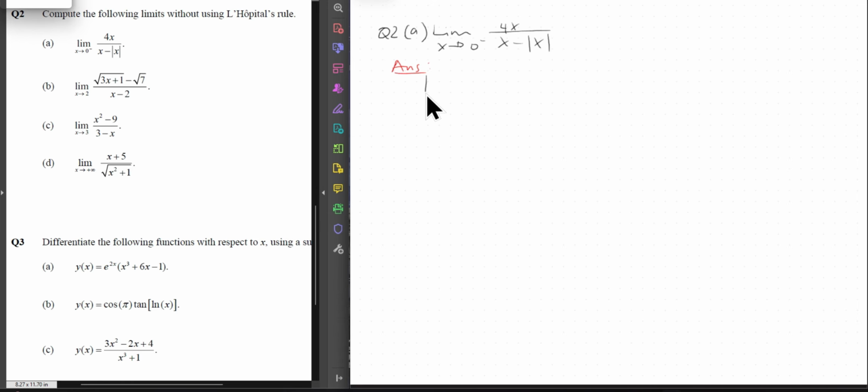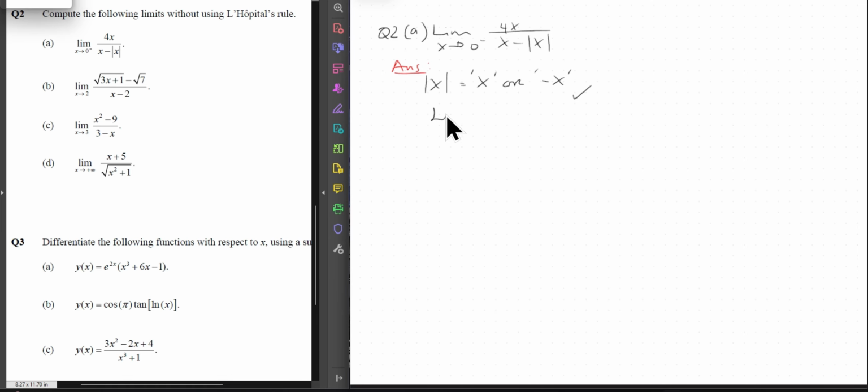The absolute value of x equals the positive x or negative x. And because this question is asking for x approaches 0 from the left, we have to use this part only. This indicates that x approaches from the left.